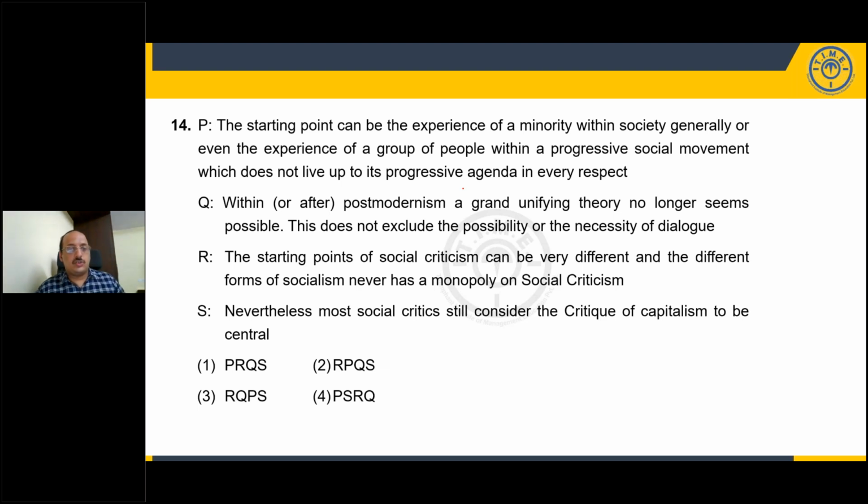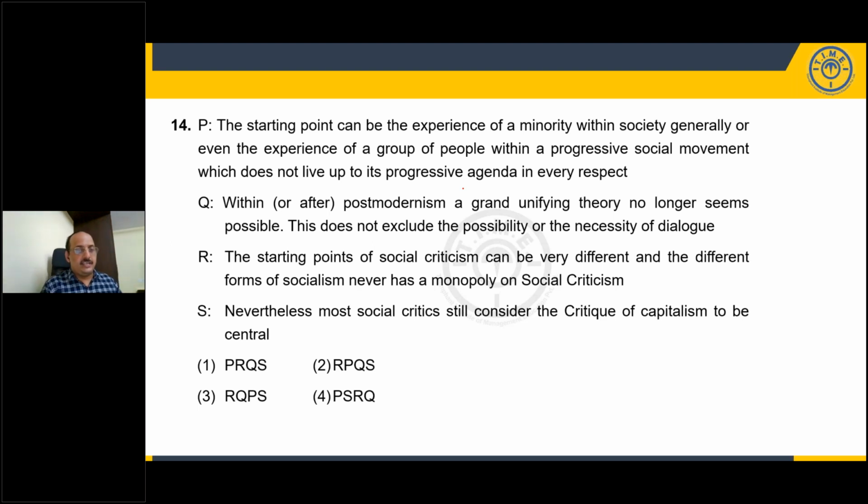Okay. So within or after postmodernism, a grand unifying theory no longer seems possible. This does not exclude the possibility or the necessity of dialogue. Postmodernism is the kind of theory that we see today around us, where people look at things in a very cynical or doubtful way. So within or after this, a single theory no longer seems possible.